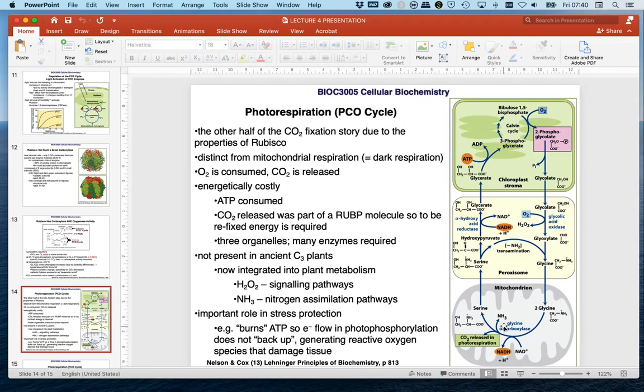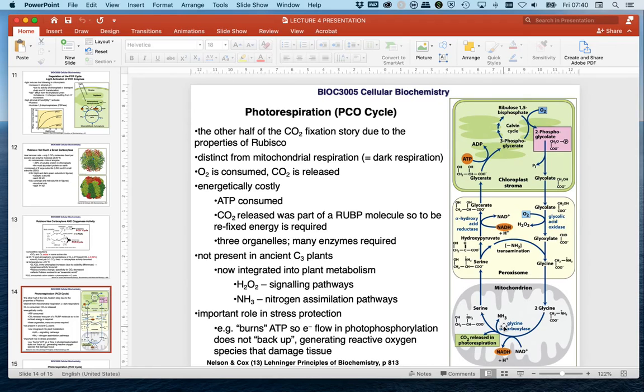And you know that electron flow and proton pumping are coupled. So when proton pumping stops, then electron flow stops. And when electron flow stops, what happens? Reactive oxygen species form, right? And those reactive oxygen species start destroying nucleic acid, proteins, membranes, and lipids, right?